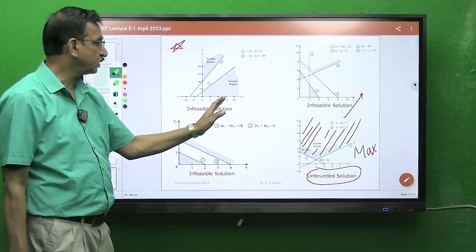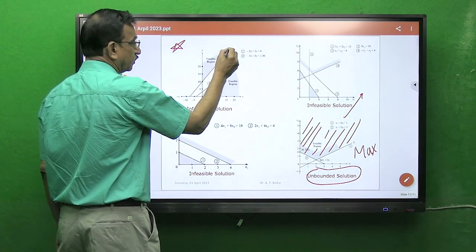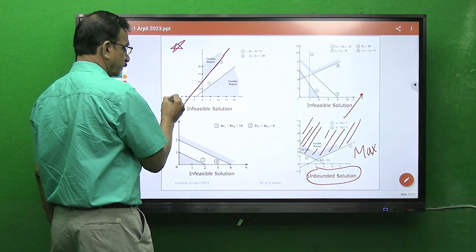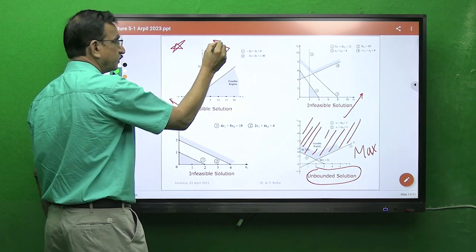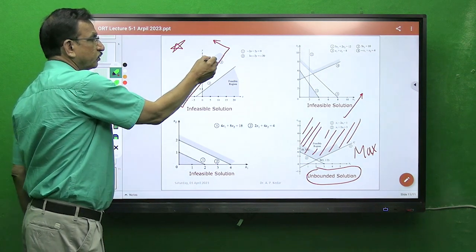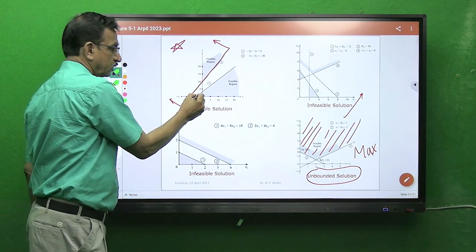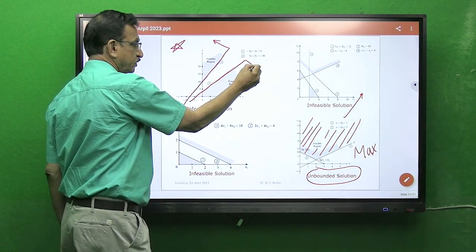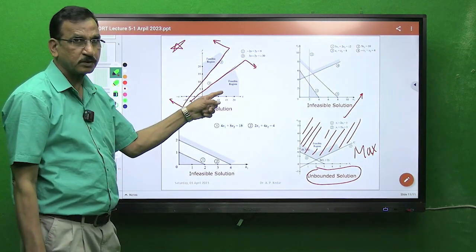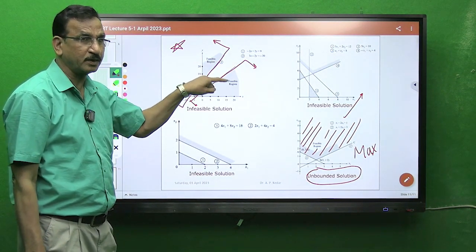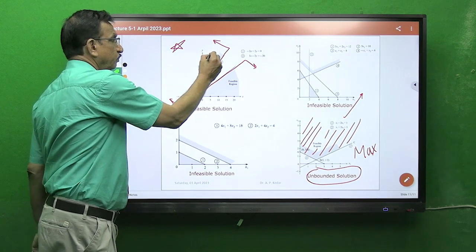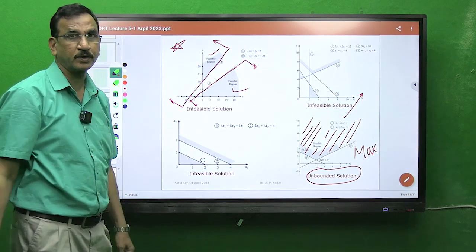Now, what we can see here? If this is the line, this line shows feasible region over here. Two lines which are to be simultaneously achieved are showing different feasible regions.